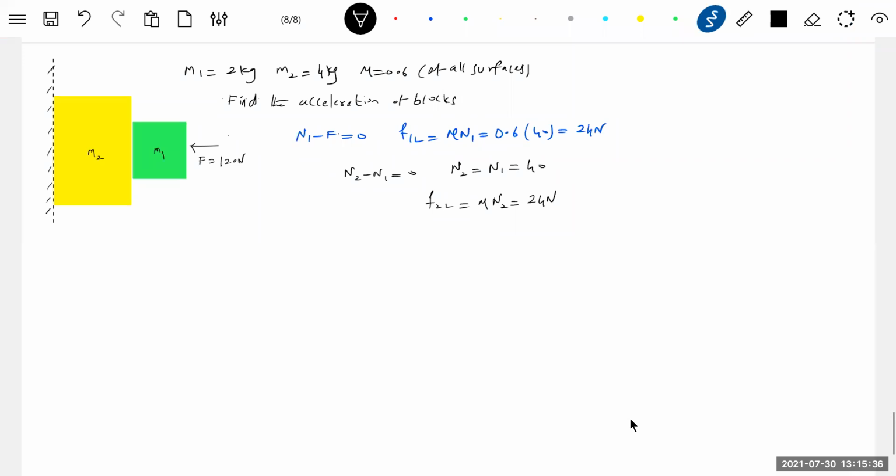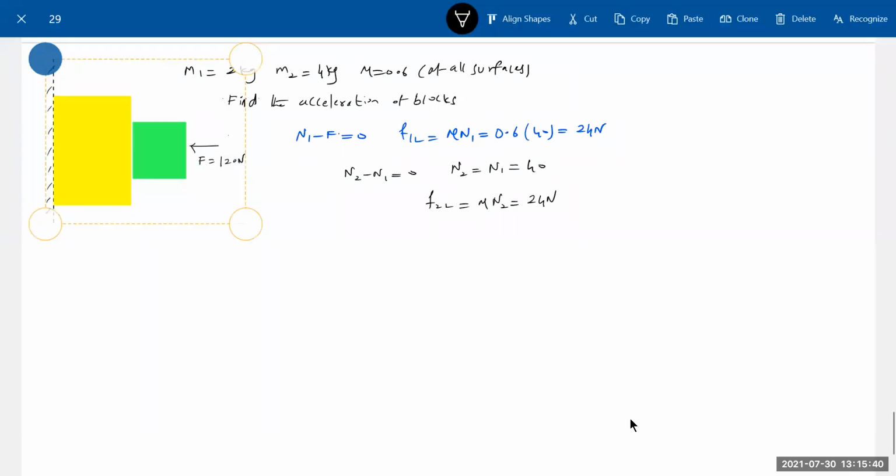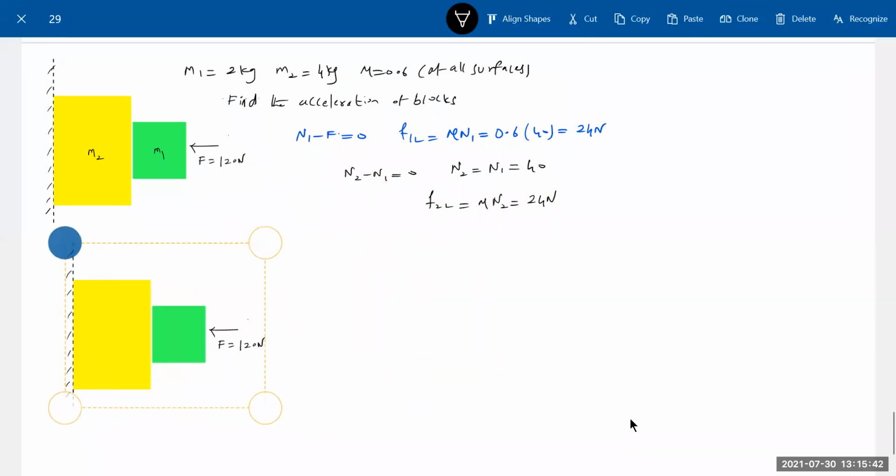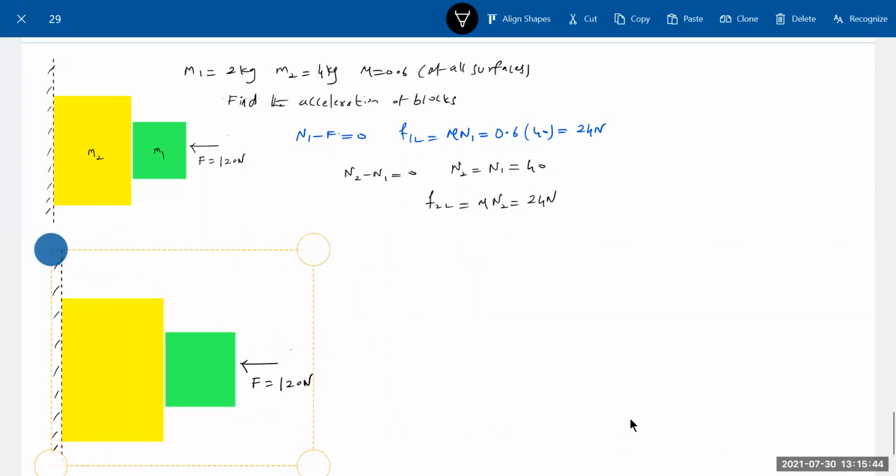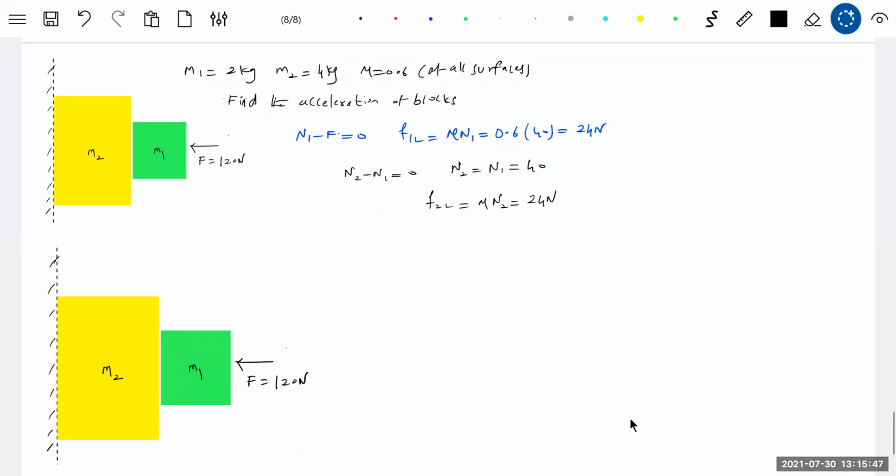Carry on. Already we have F1, F2, FL. So this is the N1, M1G. How to get the direction of friction? Who will balance M1G?